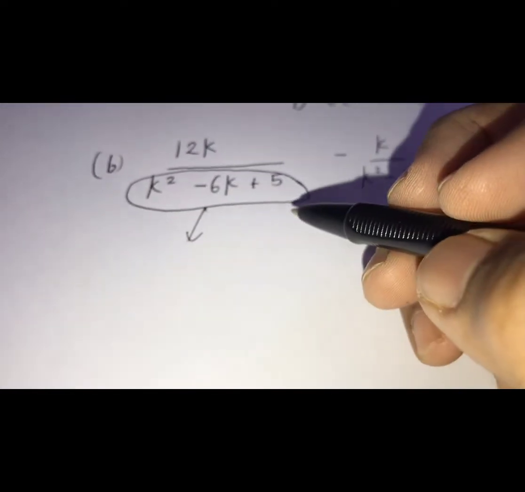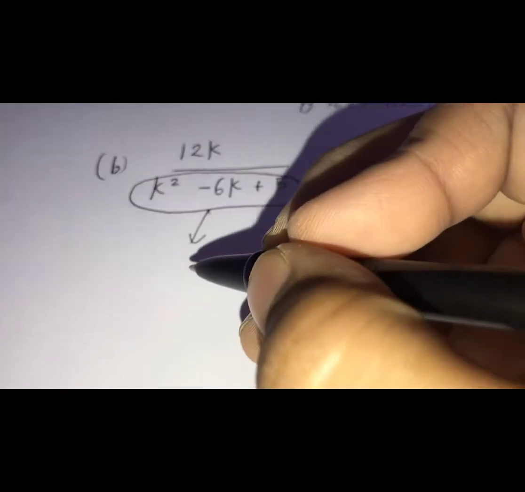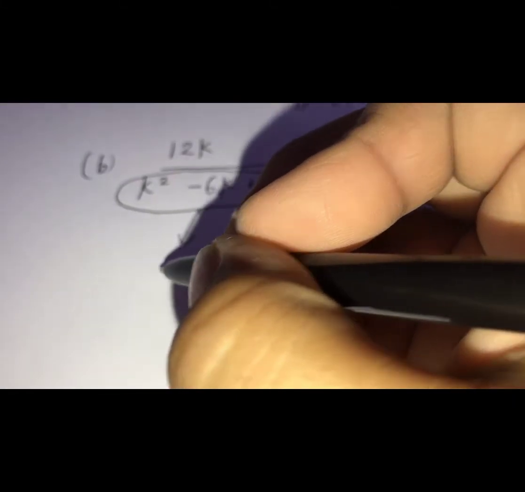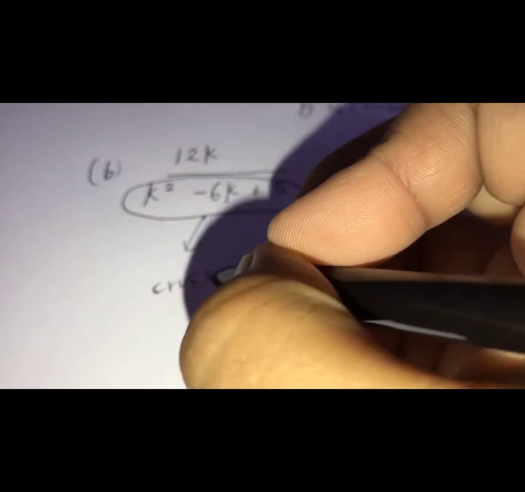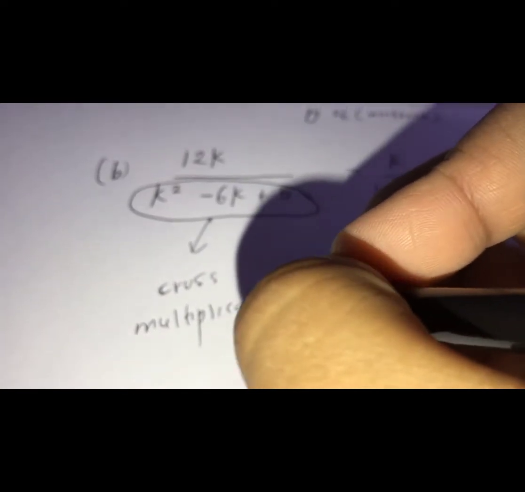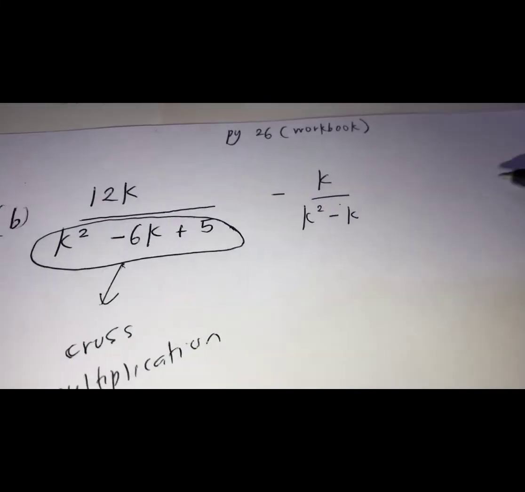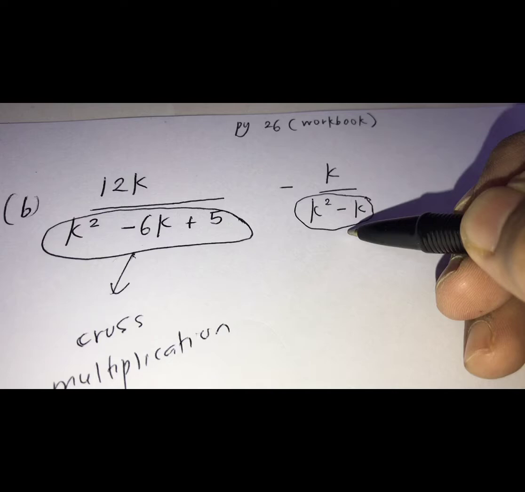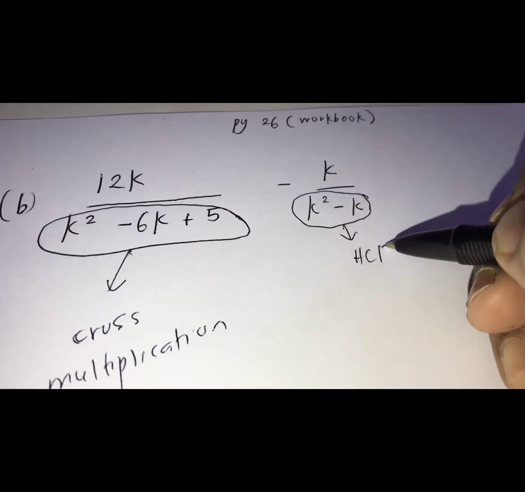Because this one is the pattern of the equation using cross multiplication. And then for this one, you have to factorize using HCF method.